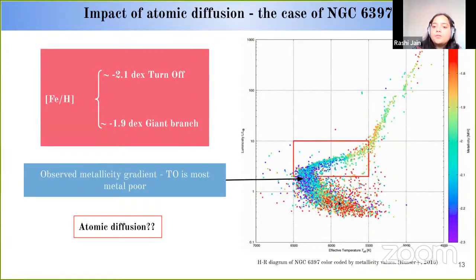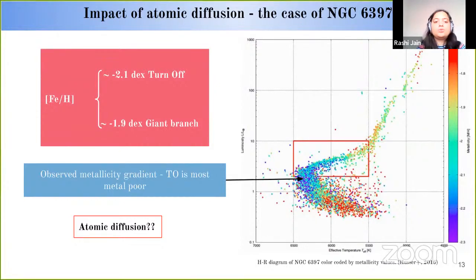If you see the average metallicity in the main sequence, turnoff and giant branch, what we observe here is that the metallicity at turnoff is lower than at main sequence, and then as we go towards the giant branch, the metallicity increases back up. If we look at the average values, the metallicity at the turnoff is minus 2.1 dex, and at the giant branch the average metallicity is minus 1.9 dex, which means the change predicted by the authors is around 0.2 dex.